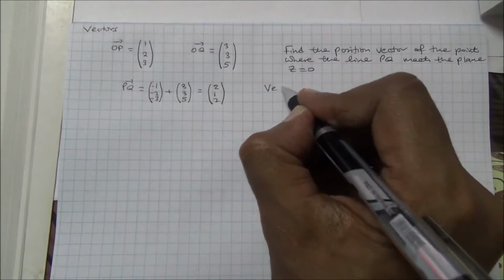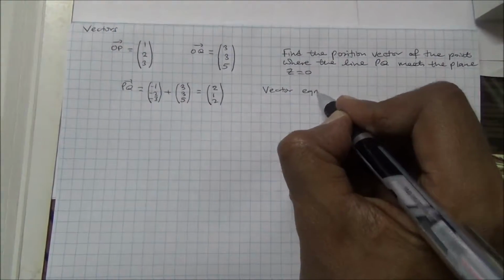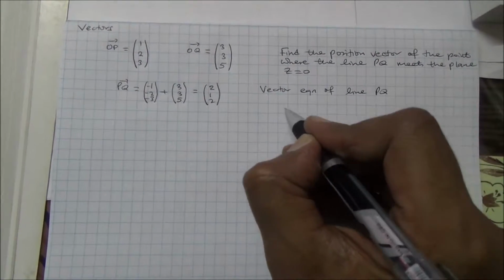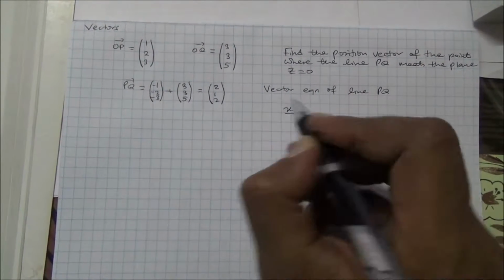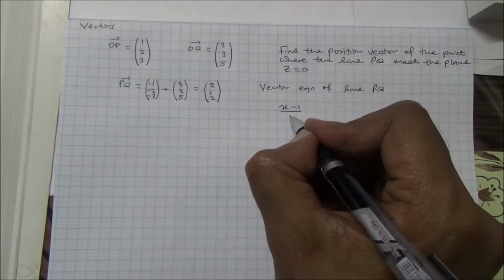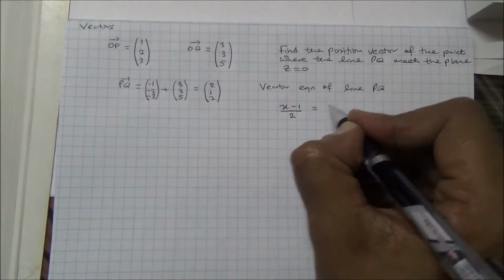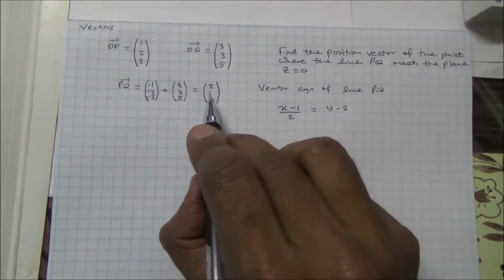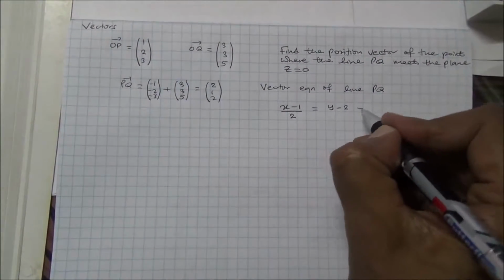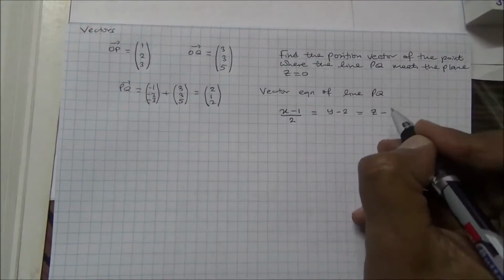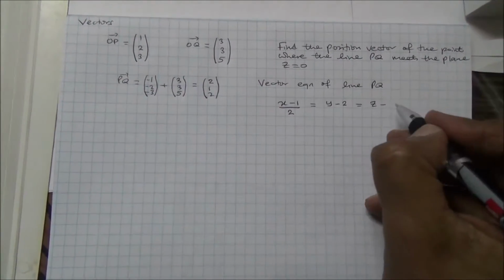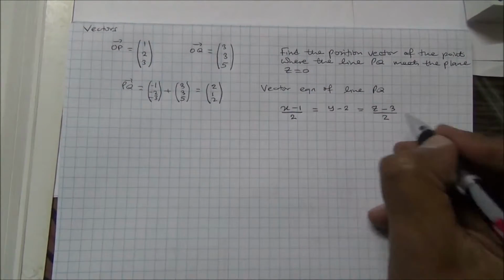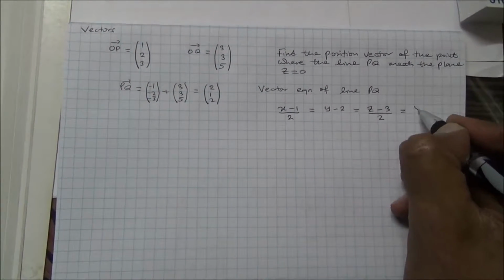So the equation of line PQ can be given as (x minus 1) divided by 2 is equal to (y minus 2) divided by 1 is equal to (z minus 3) divided by 2, and all of that can be equal to lambda.